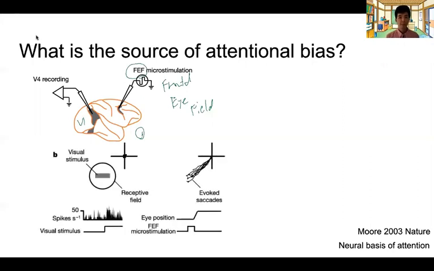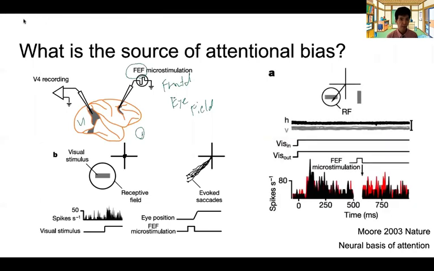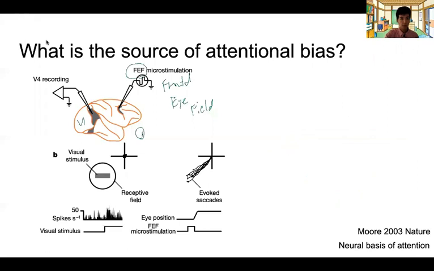What the Moore and Armstrong experiment did was first to locate and characterize the V4 neurons: their preferred stimulus, and also the receptive field location and extent.